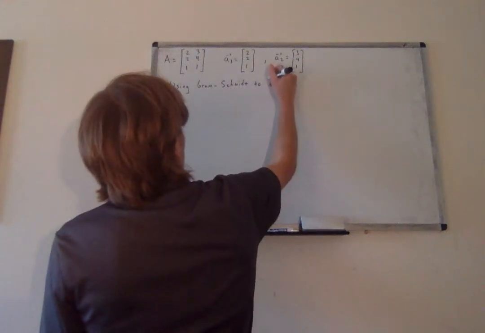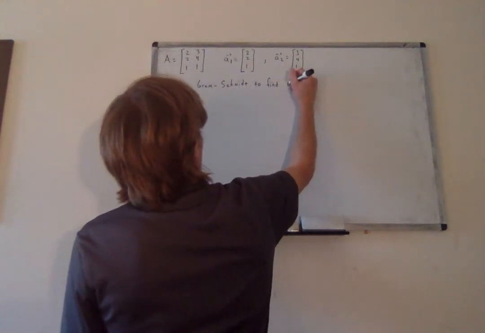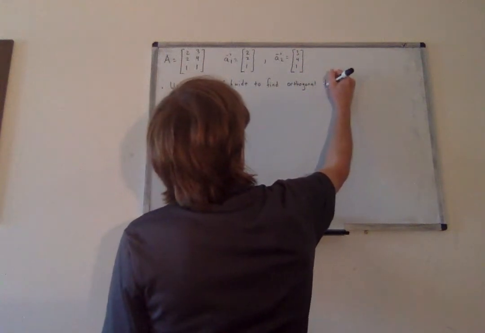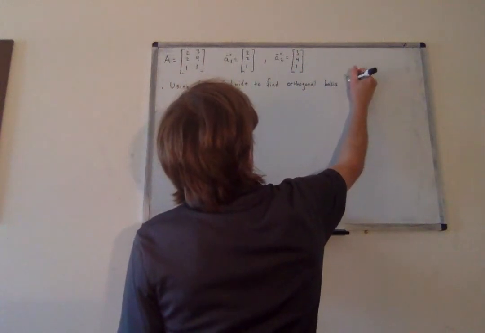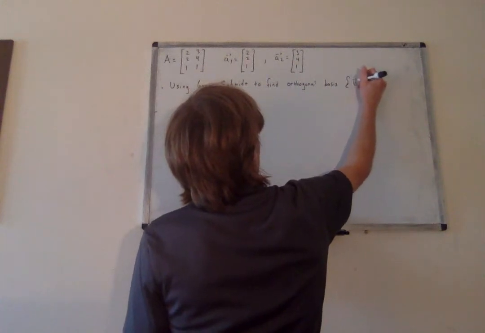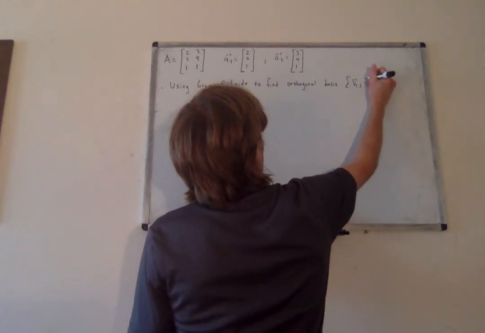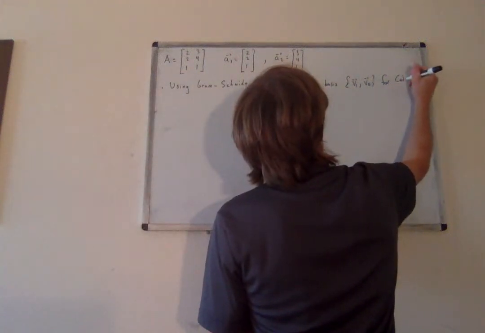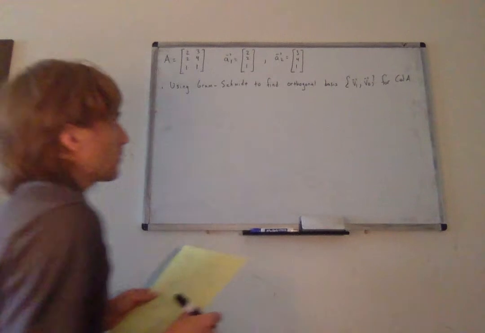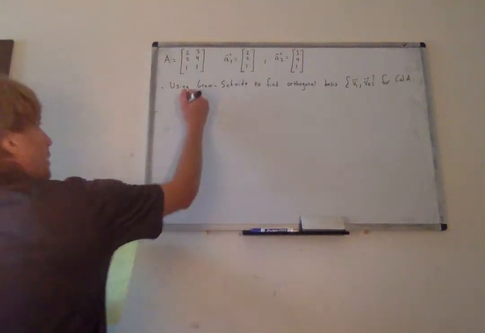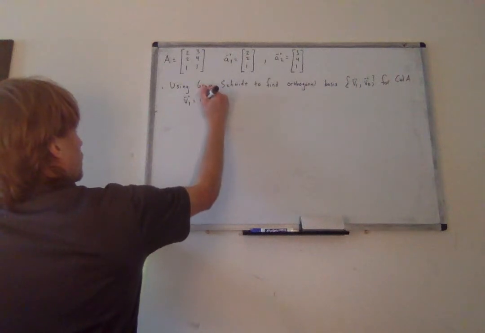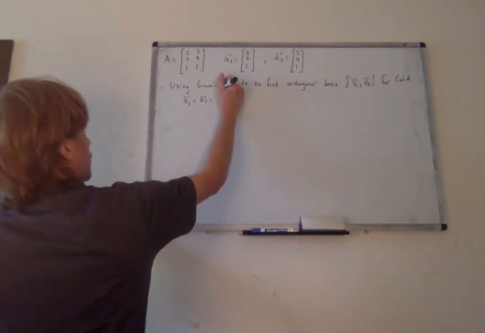Using Gram-Schmidt to find an orthogonal basis, which we'll call V1, V2, for the column space of A. Remember, Gram-Schmidt tells us that the first vector I take, V1, is just equal to the first vector in the original basis.